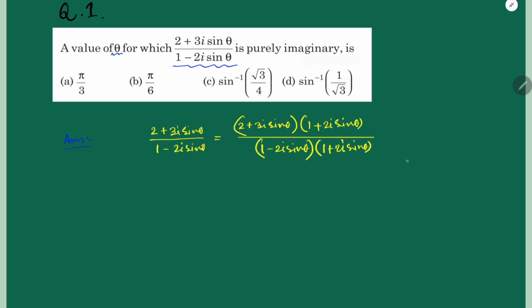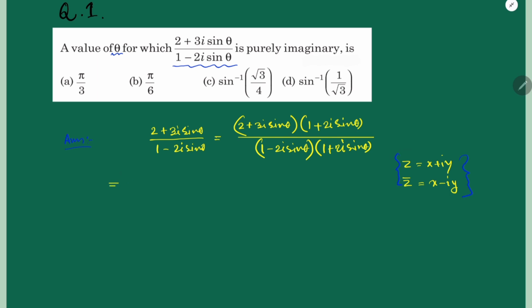Just like the conjugate of z: if z is a complex number x + iy, the conjugate of z will be x - iy. This is the formula of conjugate.